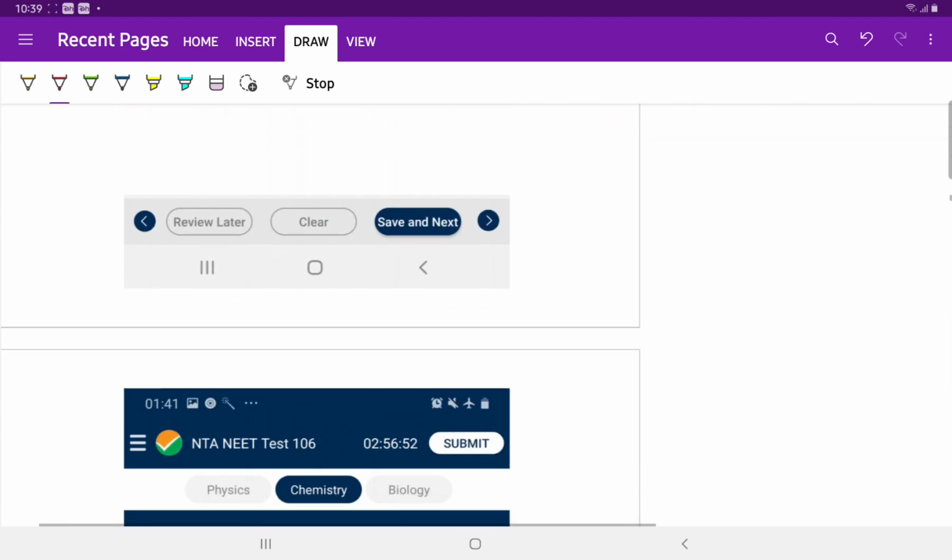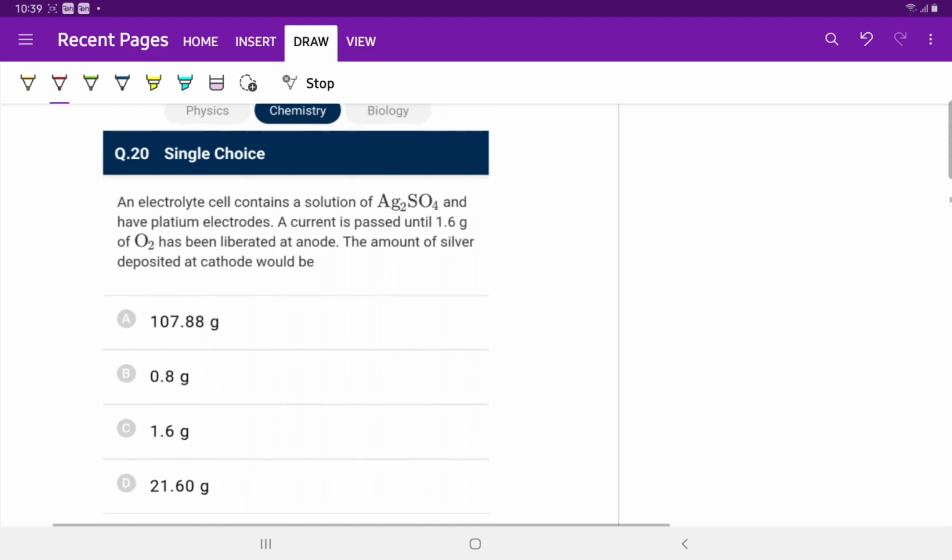Question number 20. An electrolytic cell contains a solution of Ag2SO4 and has platinum electrodes. Current is passed until 1.6 gram of O2 has been liberated at the anode. The amount of silver deposited at the cathode would be?